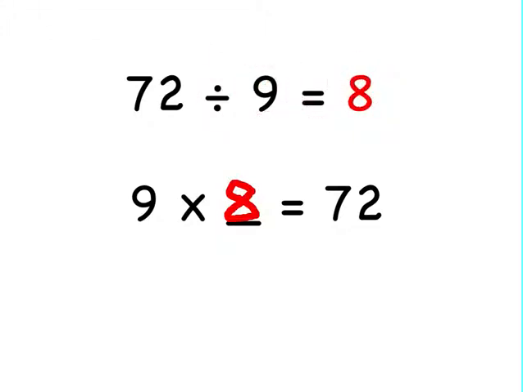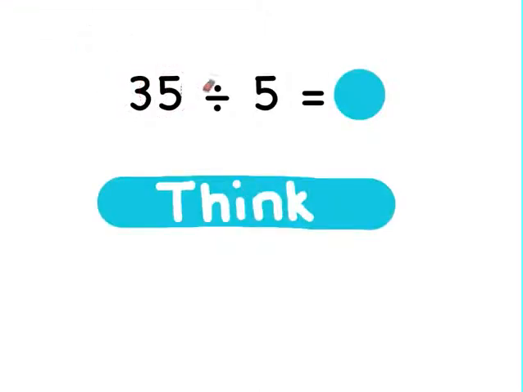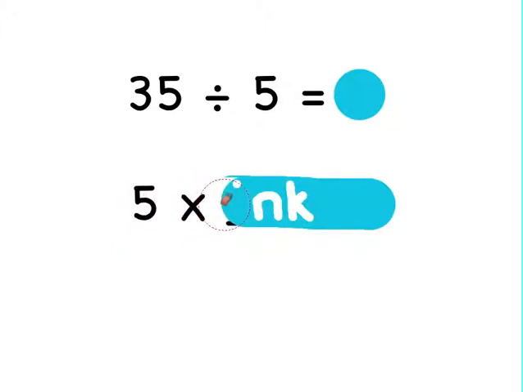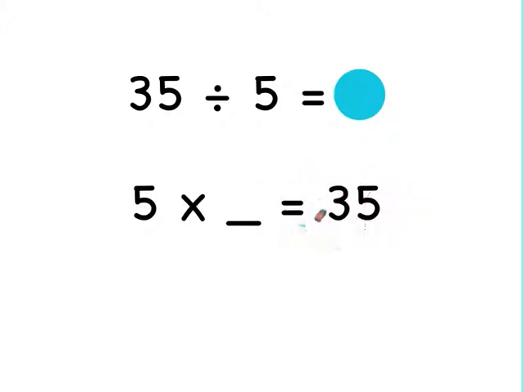Let's try one last one. 35 divided by 5 equals what? If you count by 5s on your fingers, 5, 10, 15, how many fingers did you put up? That will be the answer underneath there. Let's think about it this way. 5 times blank equals 35.